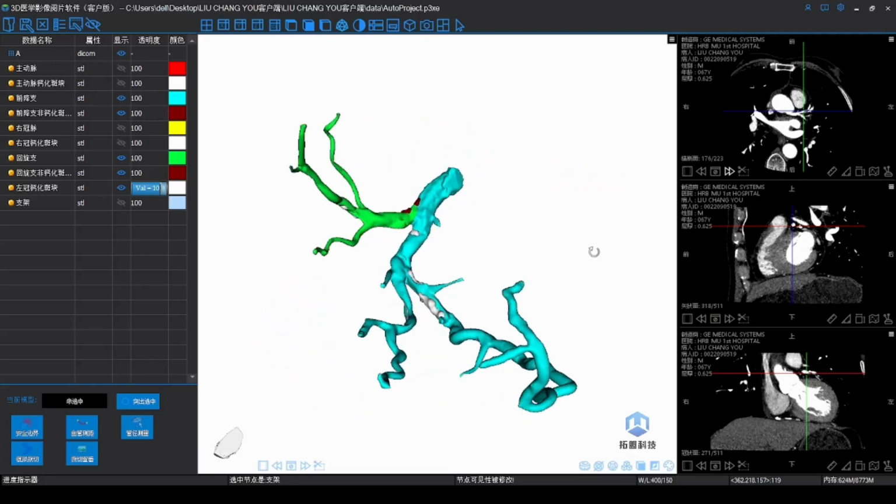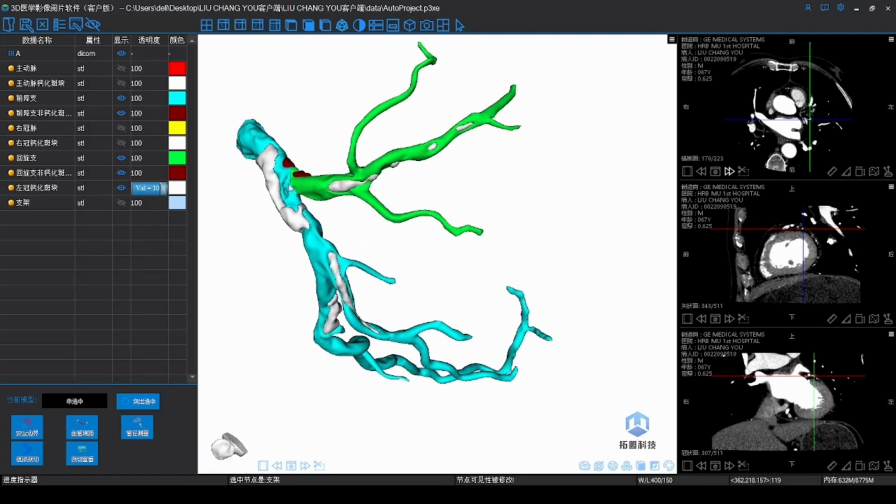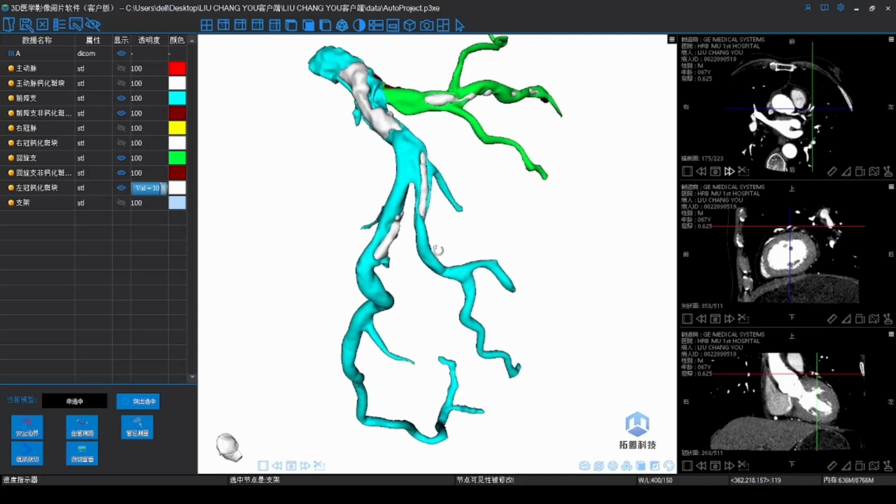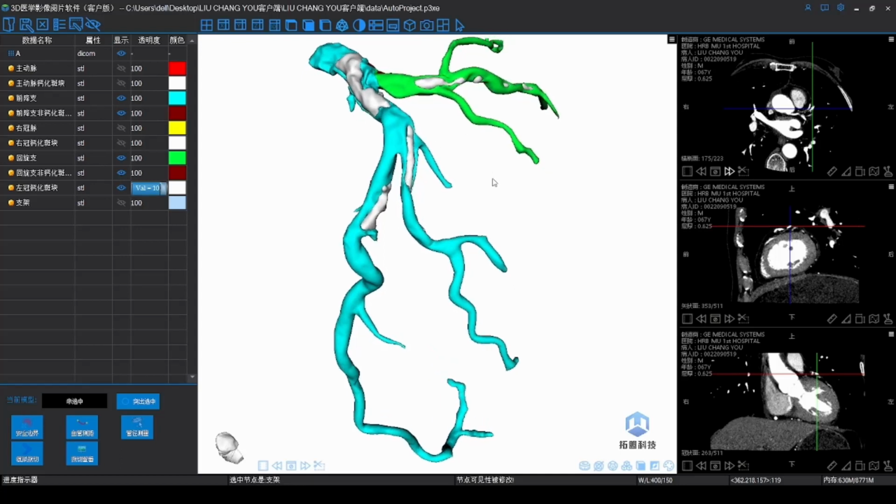So we should do something to debulk or modify the plaque. And also we can see there are heavy calcified plaques in the diagonal branch and the mid LAD. Just like other heavy smokers, this patient has heavy calcified plaques. That's all. All right, thank you, Dr. Zhao. Thank you, Dr. Wang.